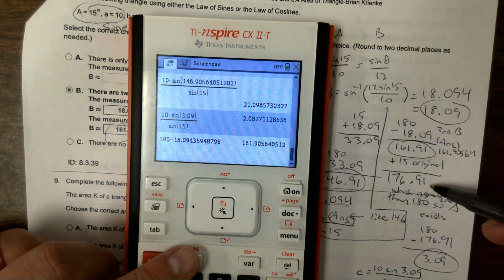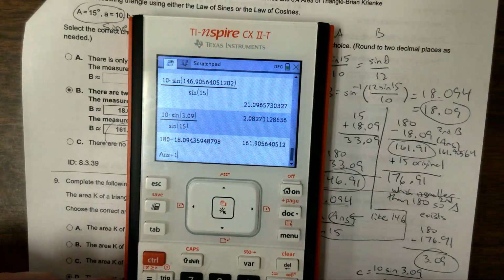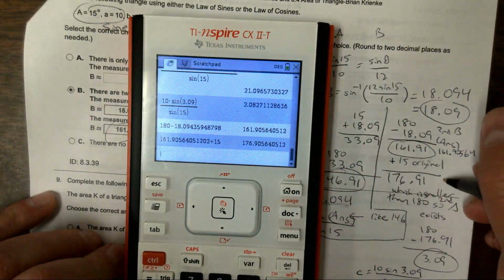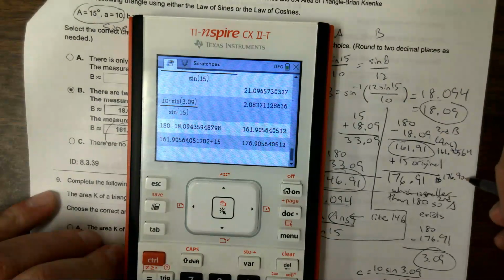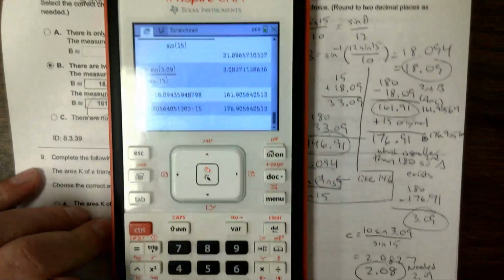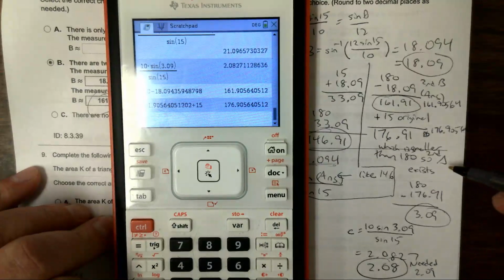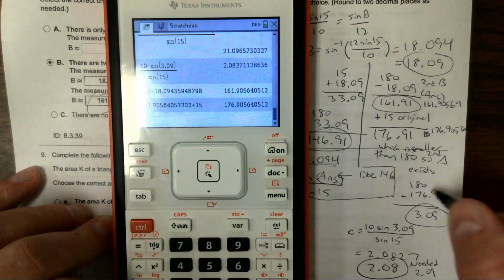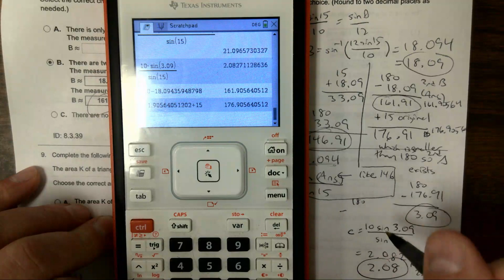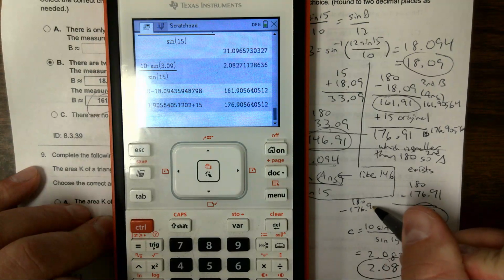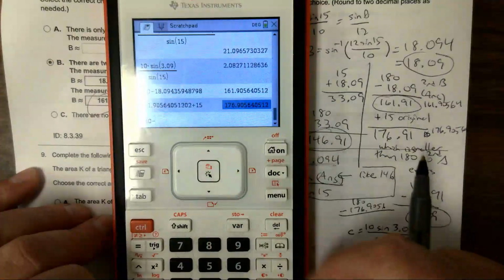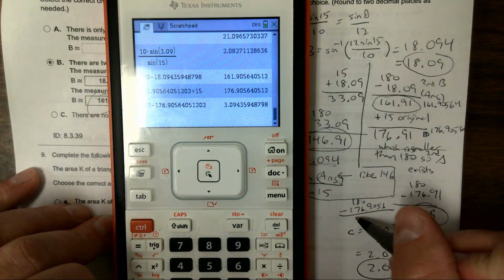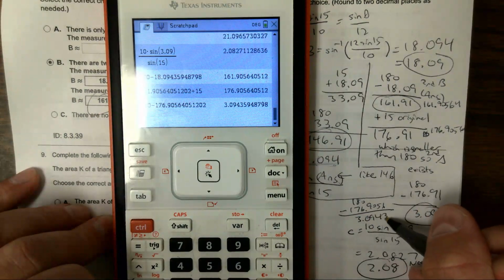So then that means if I add that to 15, I get 176.9056, which is smaller than 180, and so then we do our 180 minus 176.9056. That gives us 3.094359.